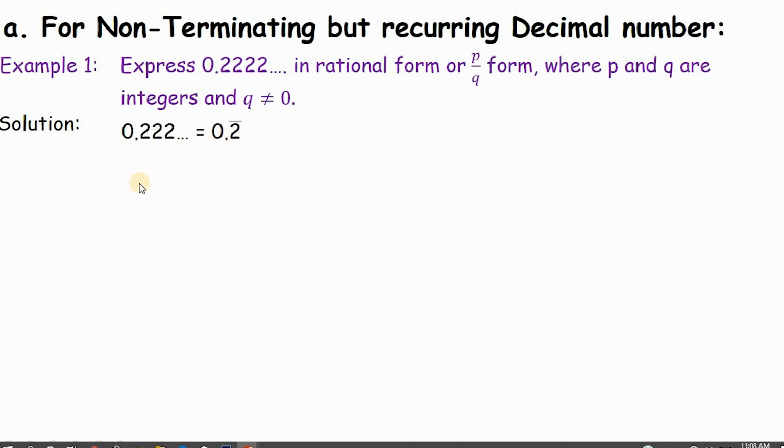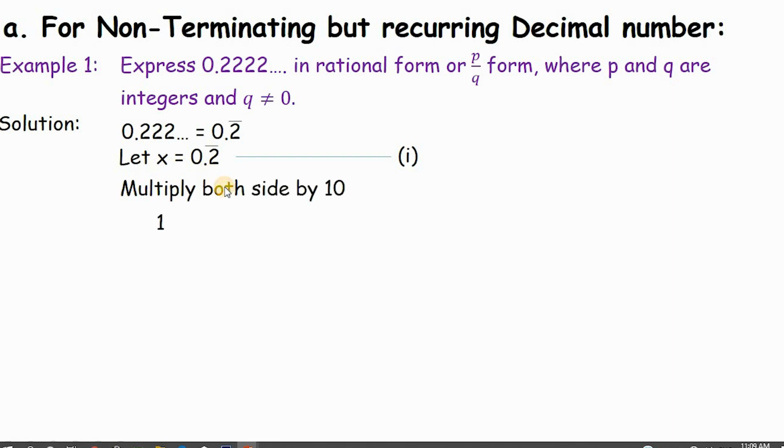The next step is we'll let x be the rational number that we need to find. So we let x equal 0.2 bar, and we call this equation 1. Since one digit is repeating after the decimal point, that is 2, we multiply both sides by 10.